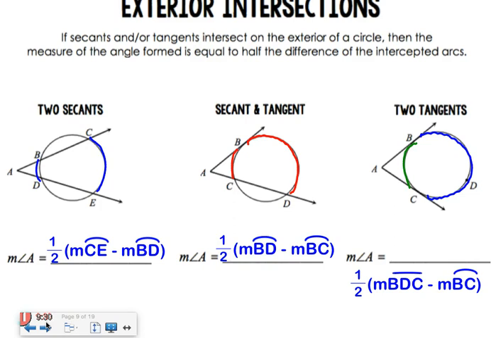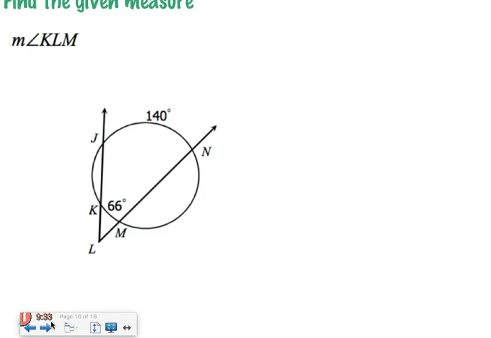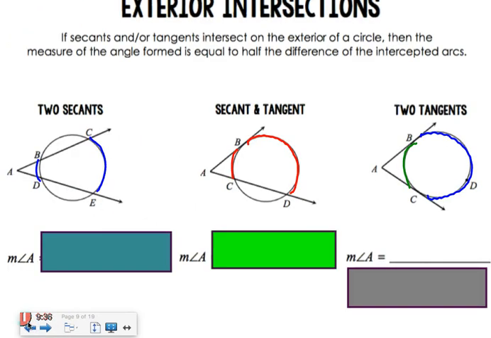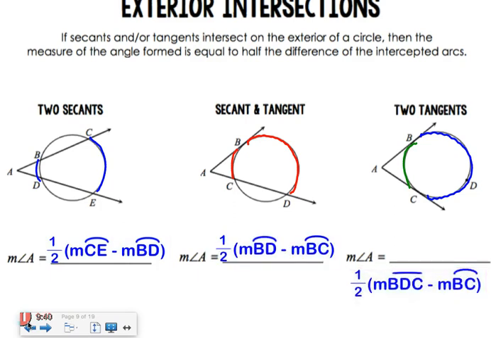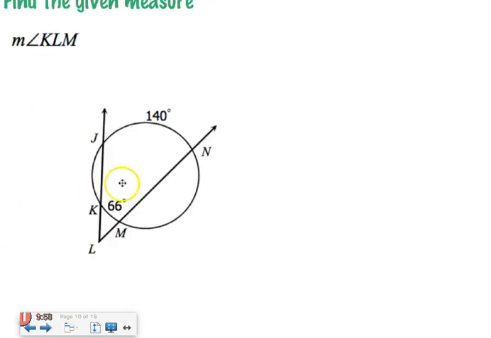Okay, the first one's pretty straightforward. We're looking for angle L. So I'm going to take my big arc, which is 140, subtract the small, divide by 2.